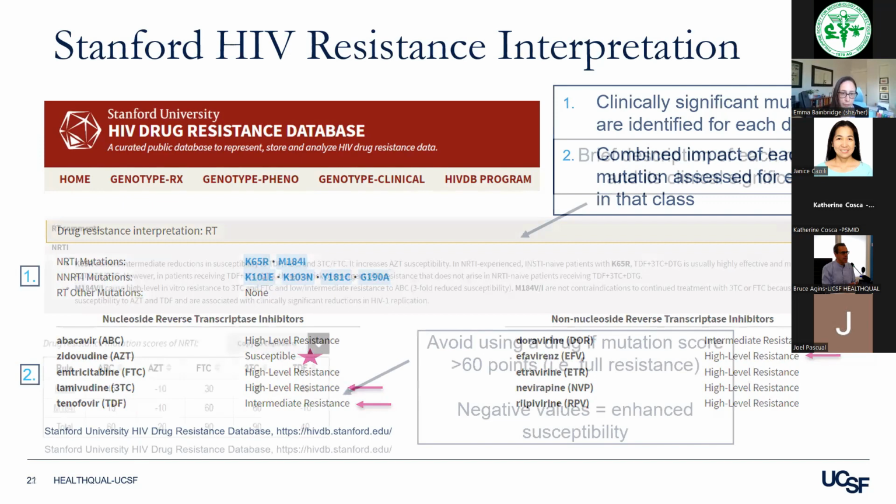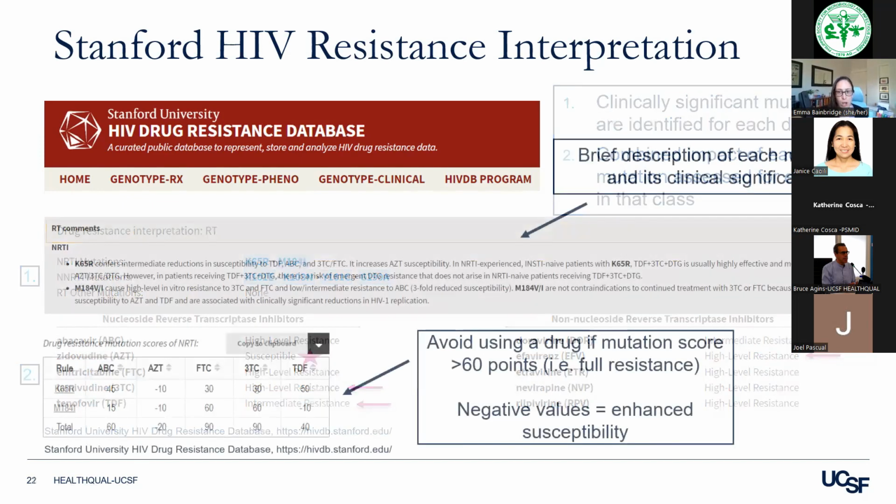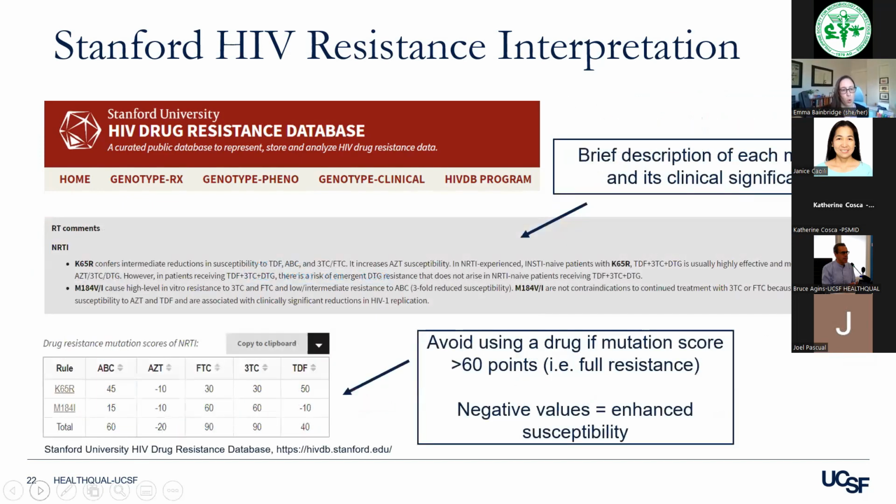The Stanford database also gives some qualitative discussion about each of the mutations, essentially the things that I walked through on my slide. So that's up here on the top. And then there are these drug mutation scores on the bottom. Using 60 as a cutoff is what they recommend. So that essentially means there's full resistance.